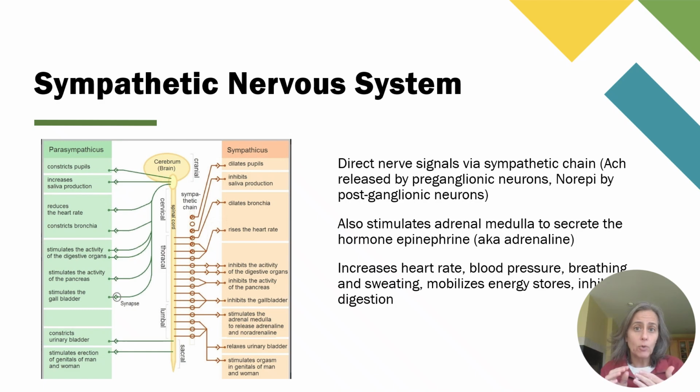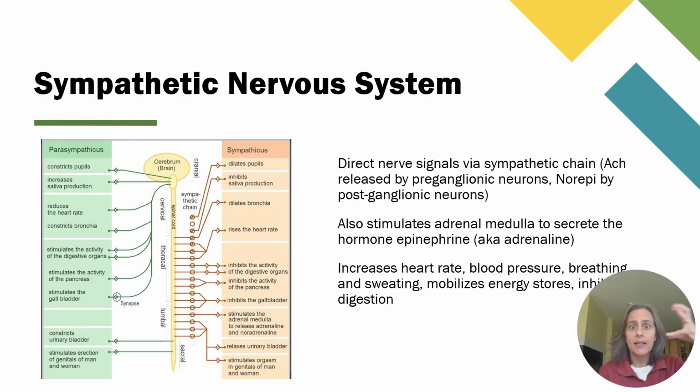They use acetylcholine, and then they synapse with the postganglionic neurons that are located in the sympathetic chain, which is that structure just outside of the spine and the spinal cord. And then there are long axons that go from the postganglionic neuron cell bodies to the target organ, where it's going to release norepinephrine as the neurotransmitter.